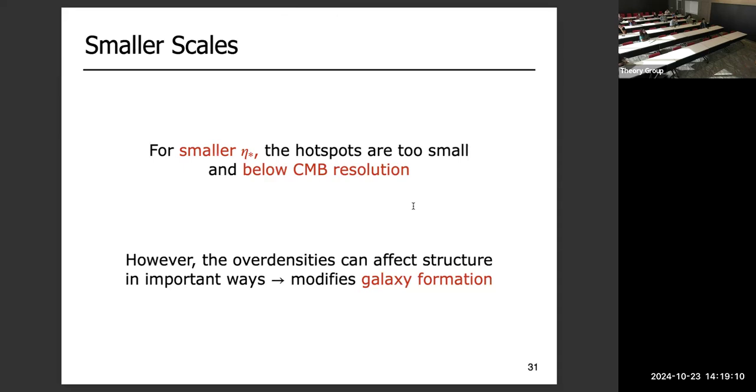So these hotspots, even for these much smaller values of eta star, can affect structure formation. In particular, they can modify how galaxy formation would typically occur in the context of lambda CDM. So using that approach, you can actually go to smaller values of eta star.